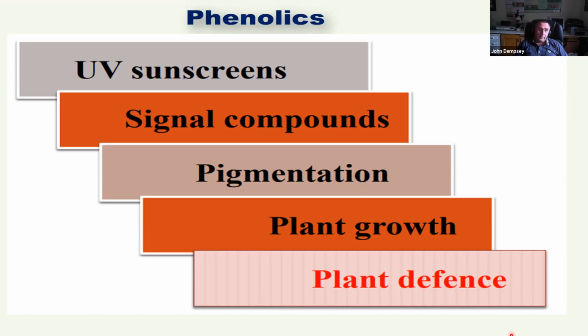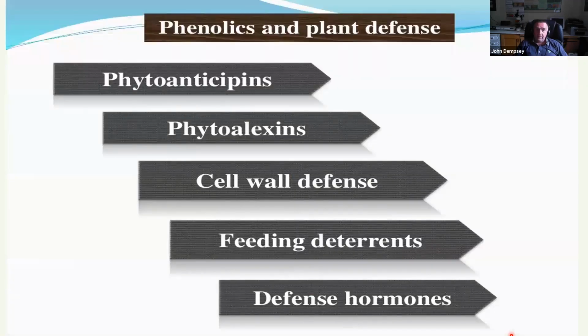They have a role in plant growth, and of course in plant defense they're key as well. In plant defense, phenolics are part of the phytoanticipins and phytoalexins. They're part of cell wall strengthening, like lignification. They also act as feeding deterrents.